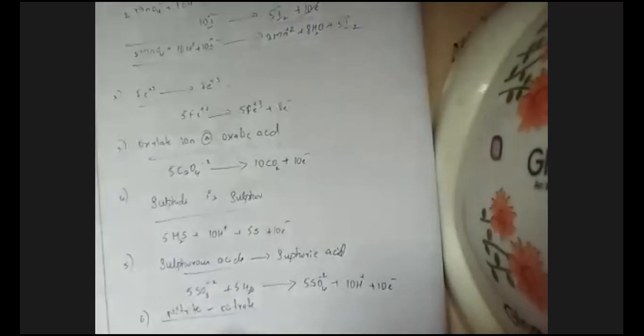Nitrite to nitrate. 5NO2 minus plus 5H2O gives rise to 5NO3 minus plus 10H plus plus 10e minus.